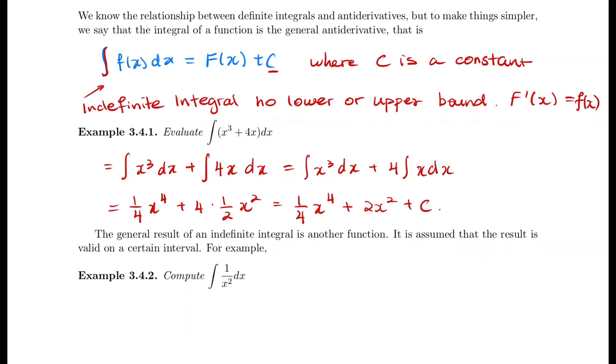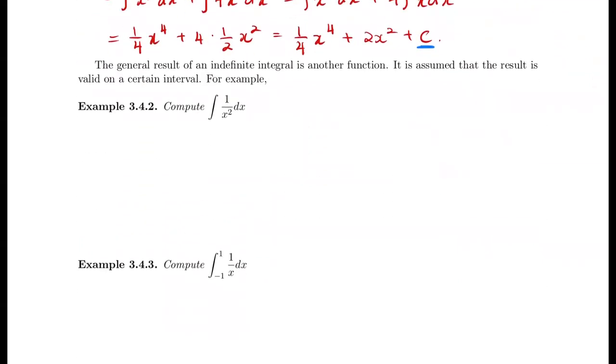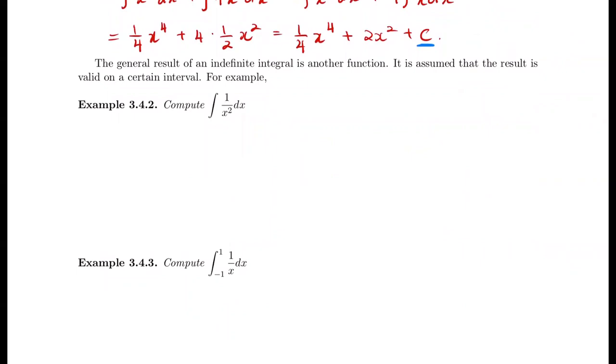All right, so that's not really that bad. It's always important to remember that we always add this plus c at the end. It's very important that we do not forget about it. So the general result of an indefinite integral is another function. So we assume that the result is going to be valid for a certain interval.